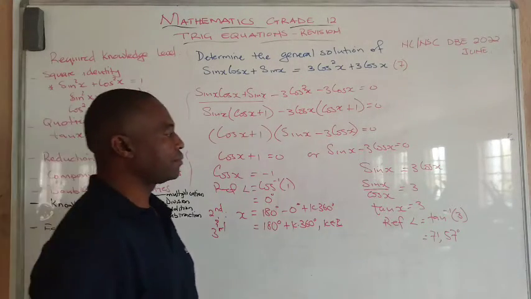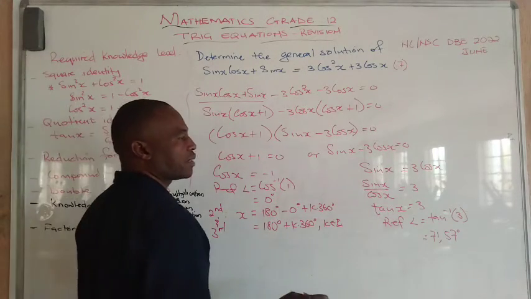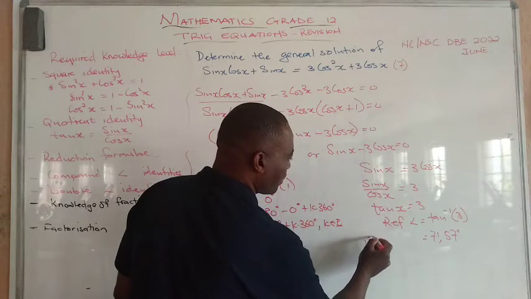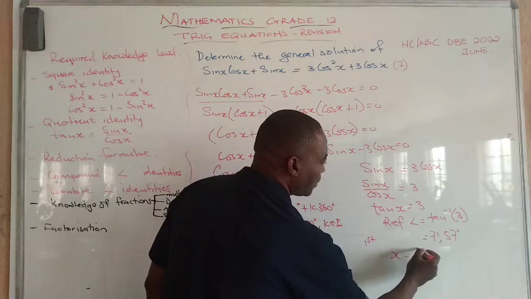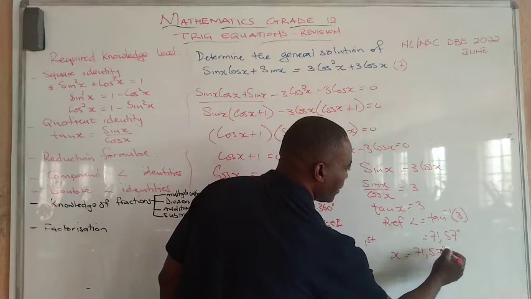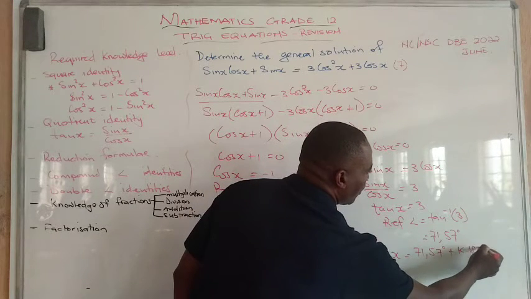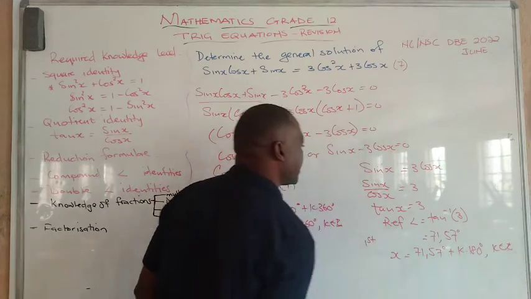Our ratio is positive, that's the first and the third quadrants. So in the first quadrant, x will be equal to 71.57 degrees plus k times 180 degrees, where k is an element of integers.